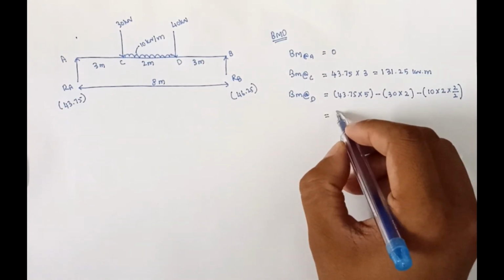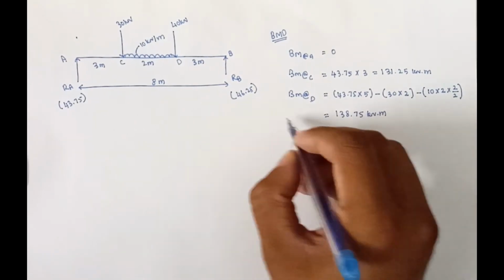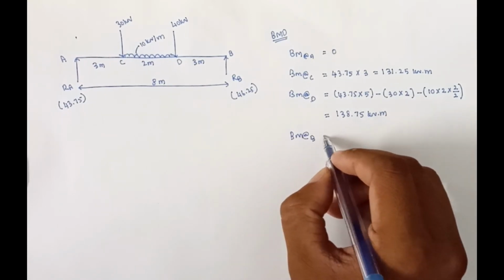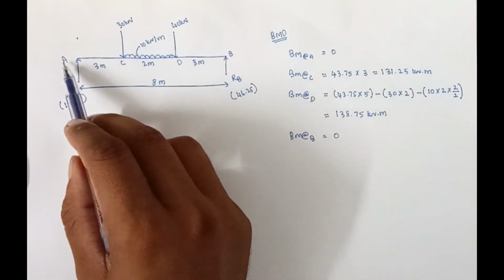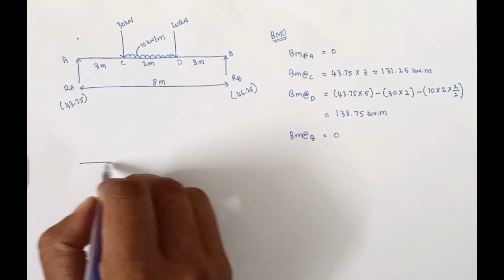So the bending moment is 138.75 kilonewton meter. This is positive bending moment. And bending moment at B equal to 0, because in a simply supported beam both ends are 0. So now we can draw the diagram.